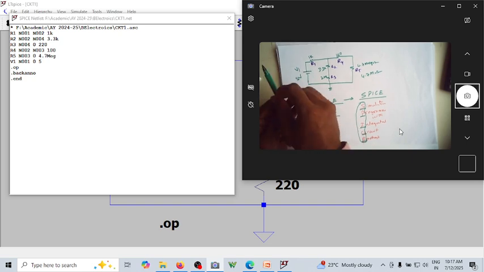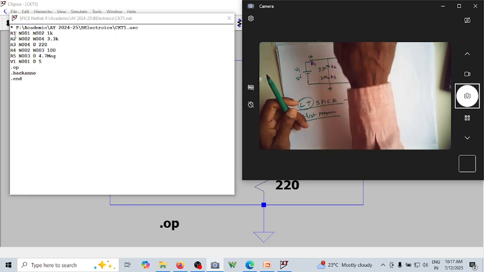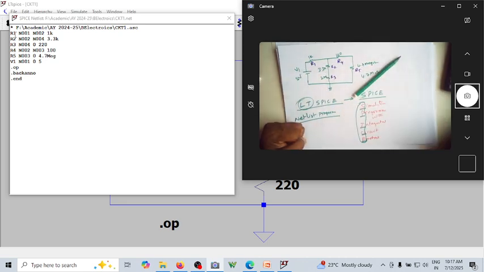You can see the names N001, N003, and so on. What do N001 and N002 indicate? They indicate where this resistor is connected, because this resistor has two ends, and each end is connected to a node. It is connected between 1 and 2. This is actually the node number.